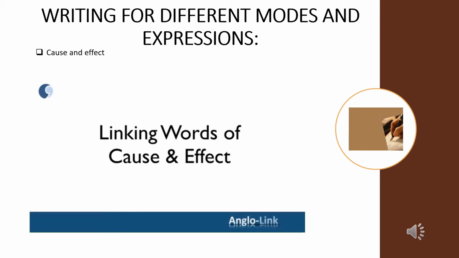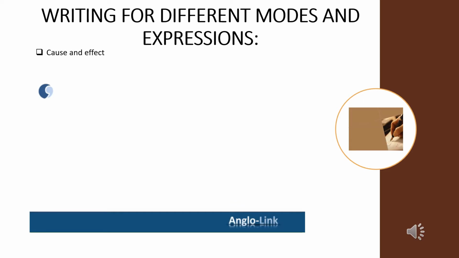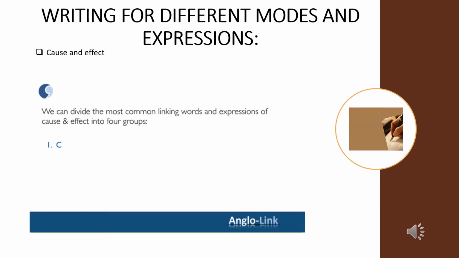Linking words of cause and effect. We can divide the most common linking words and expressions of cause and effect into four groups. The first group is the coordinating conjunctions, for cause and so for effect. The second group is subordinating conjunctions.